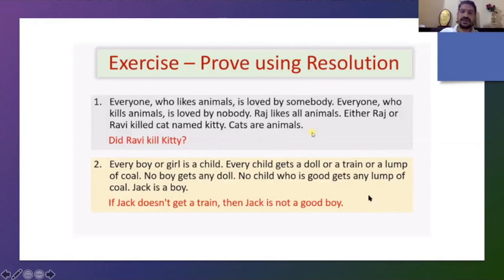At last, if we get null, we can prove that Ravi killed Kitty, or we can prove that if Jack does not get the train, then Jack is not a good boy. In that way, we can do the conversions and prove it.